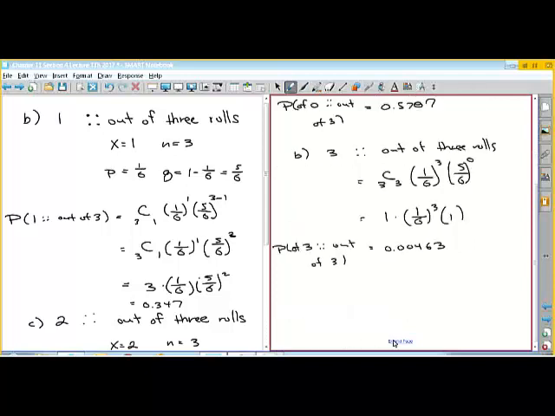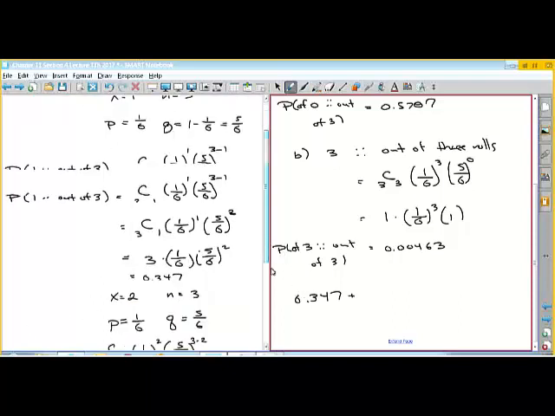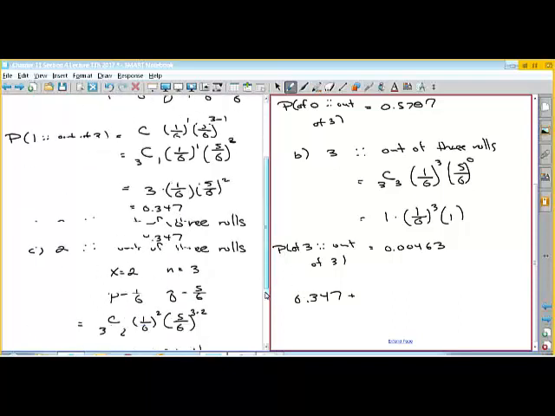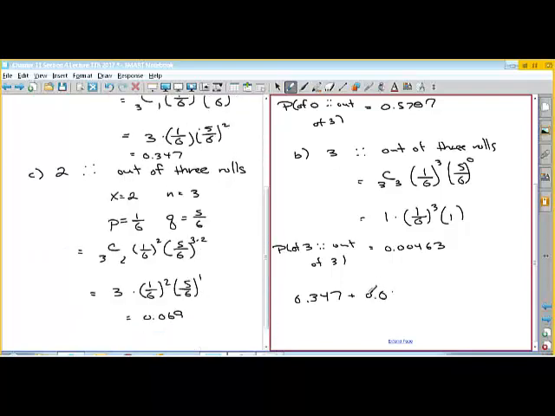So if you take all of these probabilities that we've calculated and you add them together, the first calculation was 0.347. The second case, that was 1 out of 3, 2 out of 3 was 0.069. The probability of getting no 4s would be 0.5787.